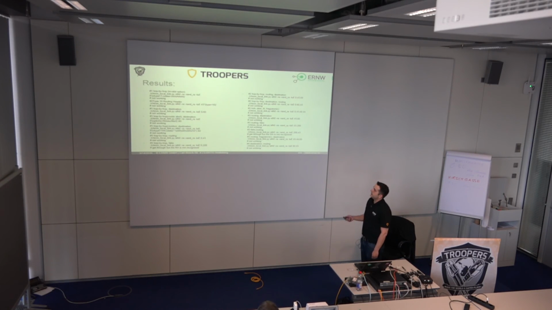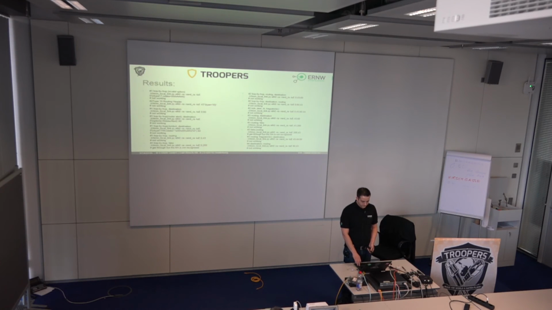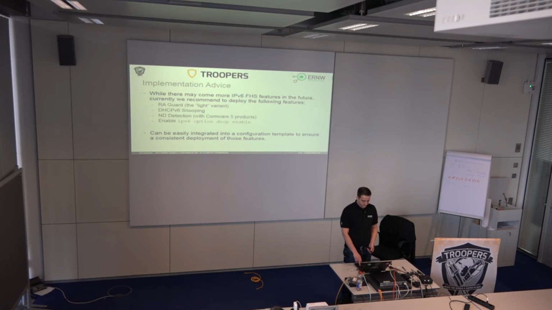So as you can see, quite a lot of stuff has been done, but as of right now, we weren't able to circumvent the IPv6 first hop security features as soon as this IPv6 option drop enable was configured. Maybe we will find a way in the future, but as of right now, we weren't able to circumvent these features.